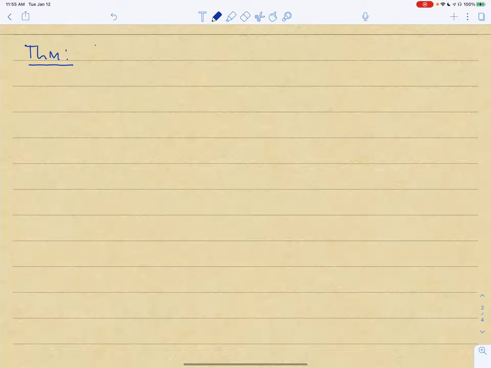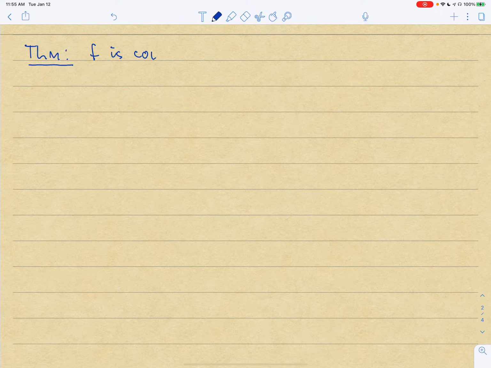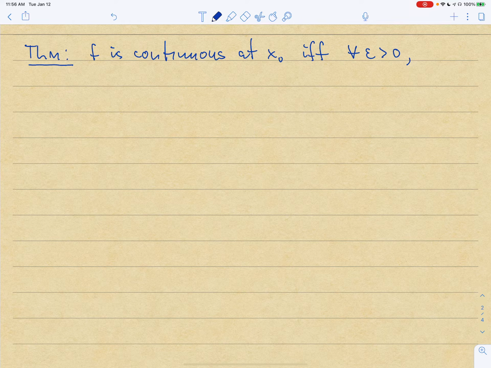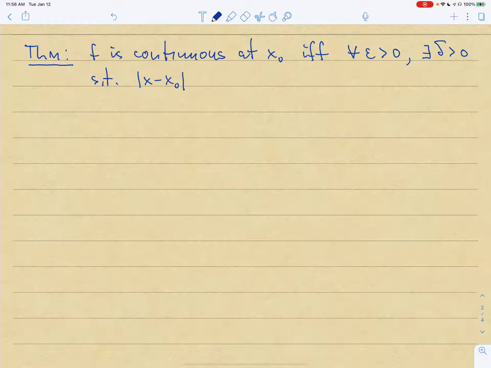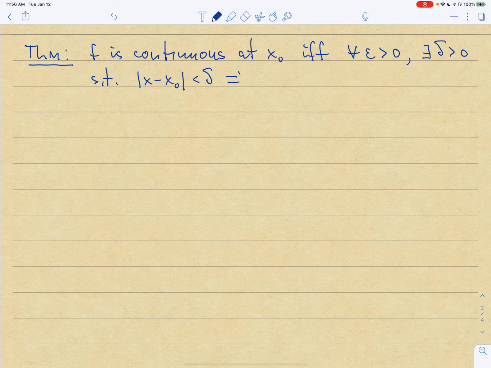It goes as follows. f is continuous at x0 if and only if for every epsilon greater than 0 there exists a delta greater than 0 such that |x minus x0| being less than delta will imply that |f of x minus f of x0| is less than epsilon.